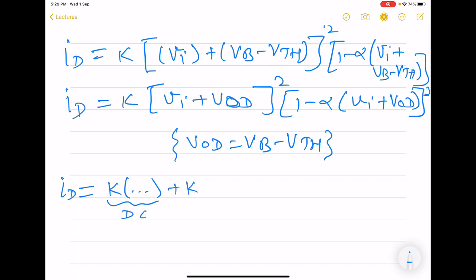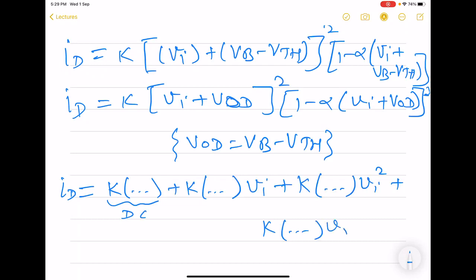And then we will get K into, so I'm not writing the exact expression for all these terms because this is going to be linear. So we will get first order term, then we will get second order term, and then finally you will get third order term. So if you do the complete expansion, this is what you will get.